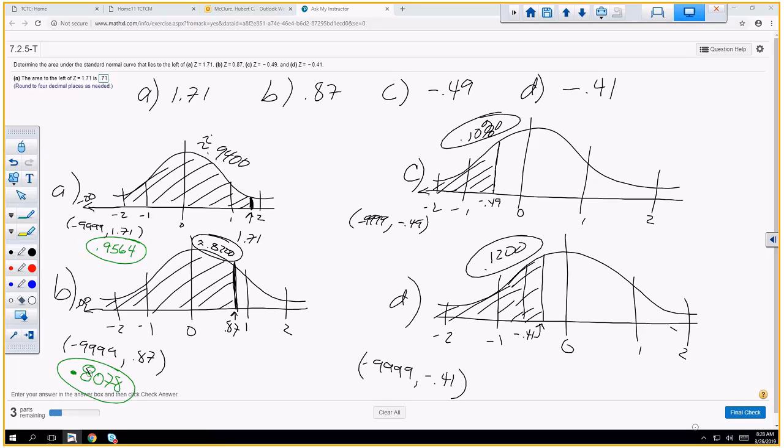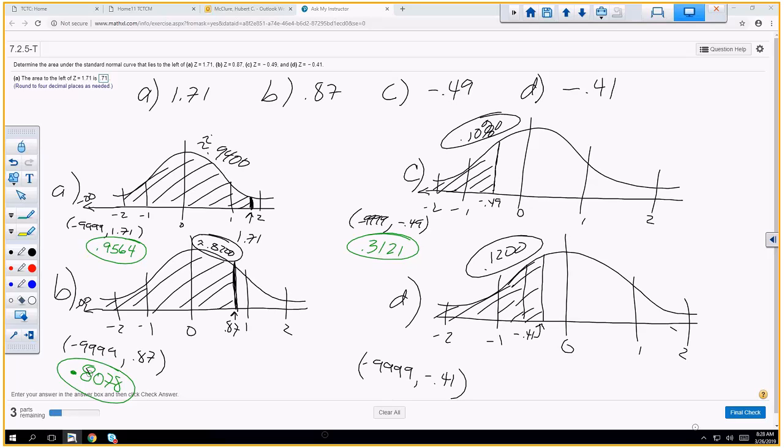Okay, what about this one? Negative 9999 to negative 0.49. 0.31, what? 21. I was way off on that one. I don't know why I was way off on that one. If you look at the drawing though, it is almost a third rather than a tenth.